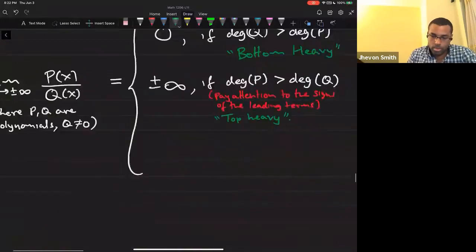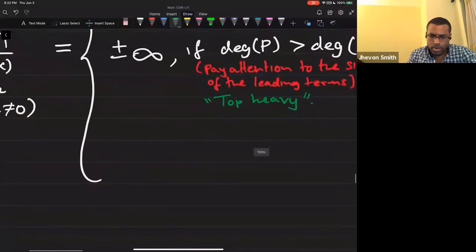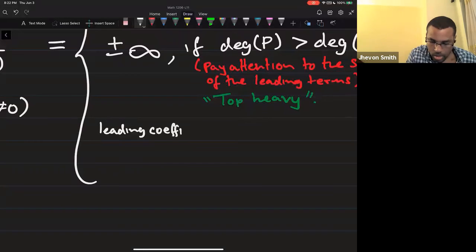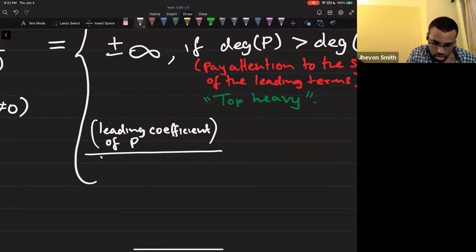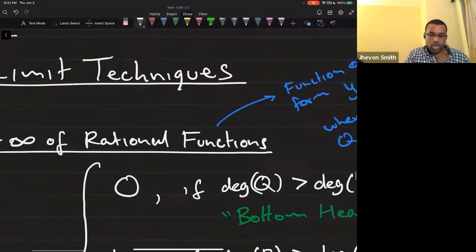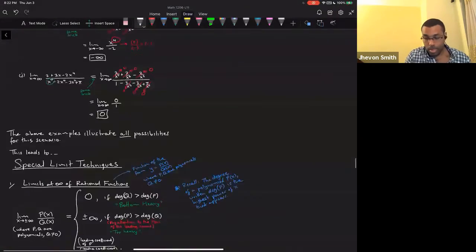So it goes to the following. The result will be the leading coefficient of P divided by the leading coefficient of Q. Right, so what is the leading coefficient?